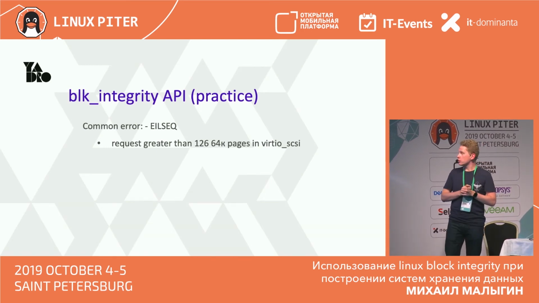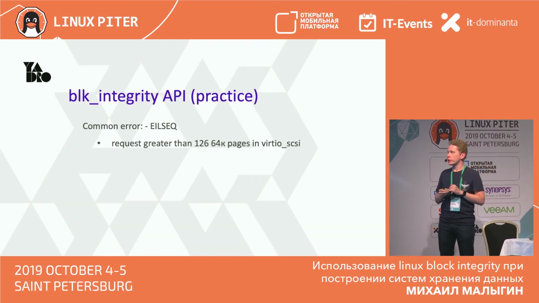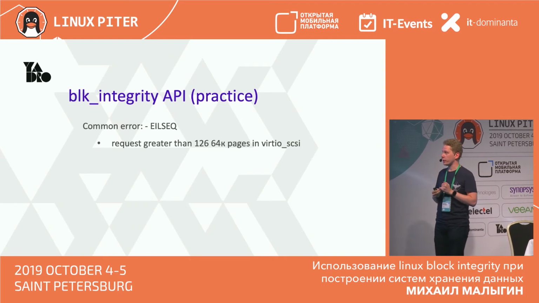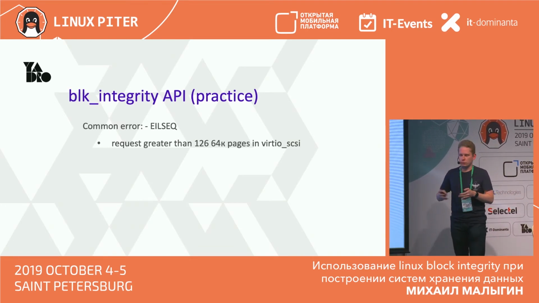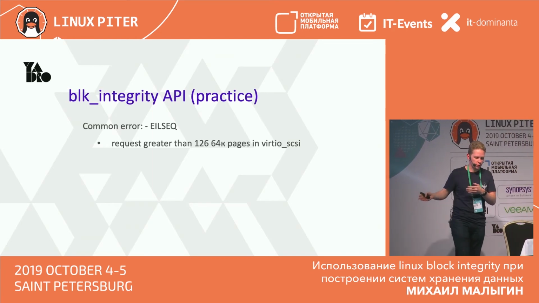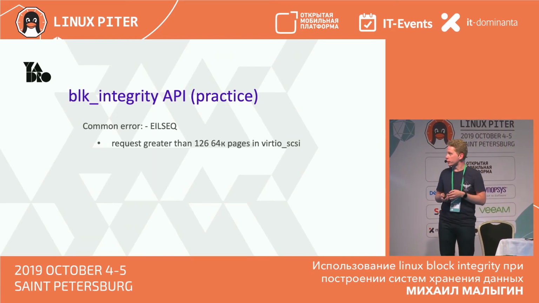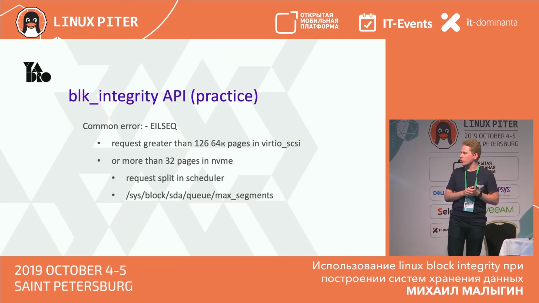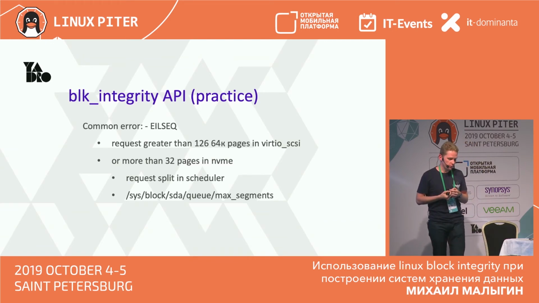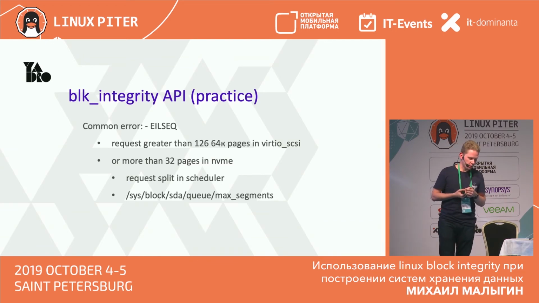The second story was related to the fact that in virtual SCSI we couldn't write more than 128 pages of 64 kilobytes. At first we thought, okay, that will be a great number per request, and we moved further, and then it appeared that 32 pages in NVMe is our limit.